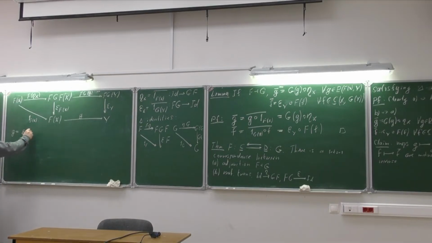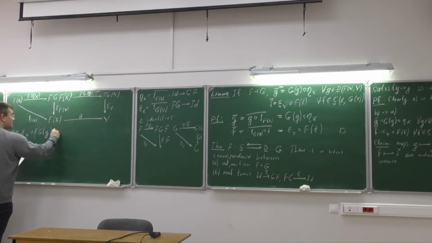So the last map is the epsilon sub y, and then I have F of g, and F of eta sub x. Well, it's a simple computation, sorry that I take so many minutes to check the computation. Yeah, so this is correct.